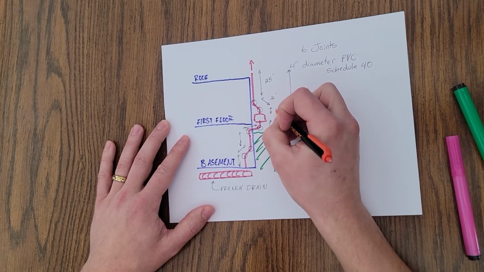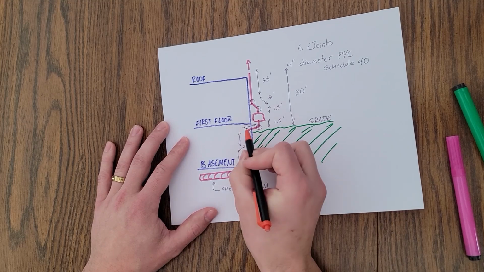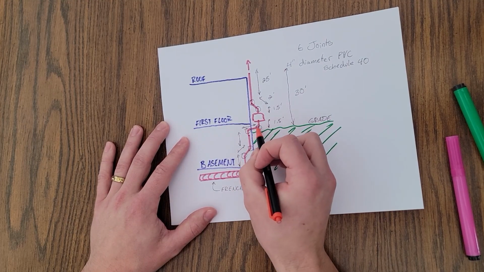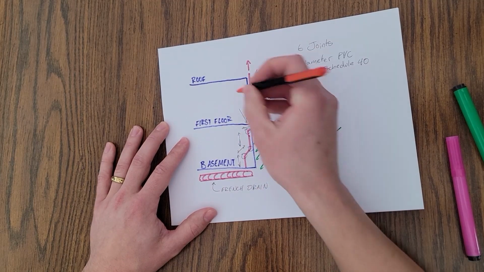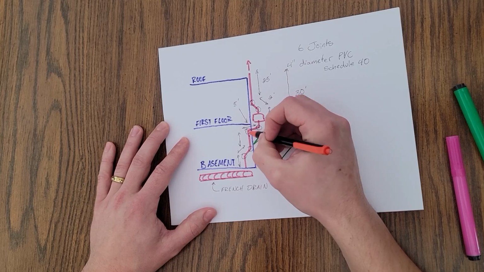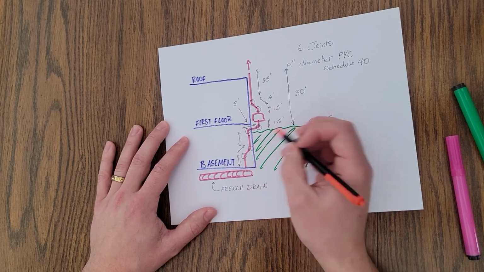Let's give this 1.5 feet, another 1.5 feet. And then let's give this distance where it goes horizontally from outside the home into the home, let's give that distance 5 feet.